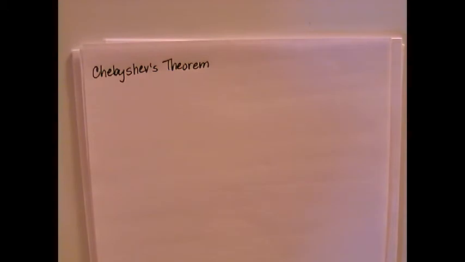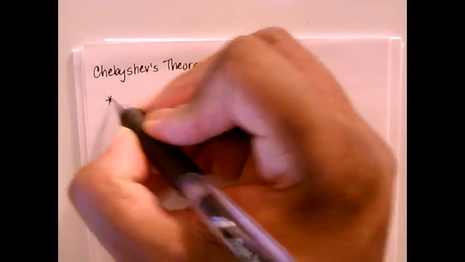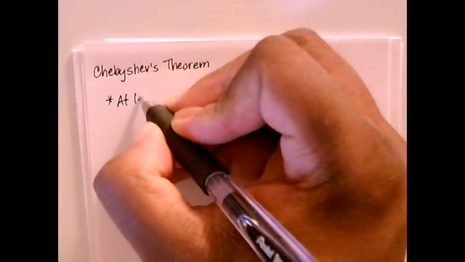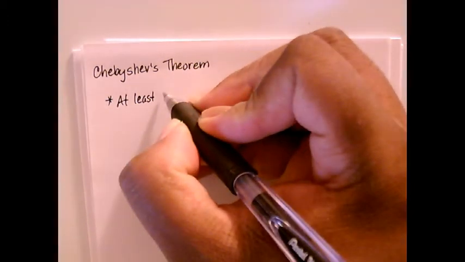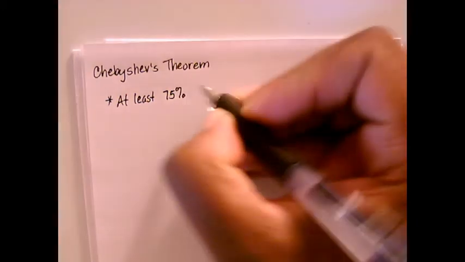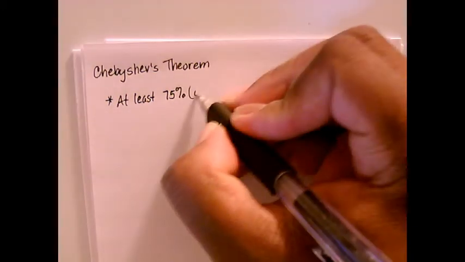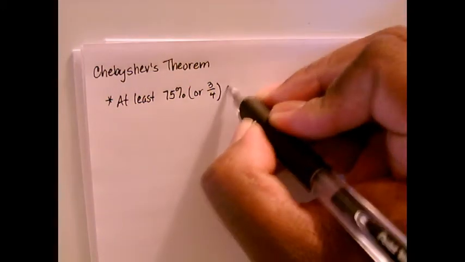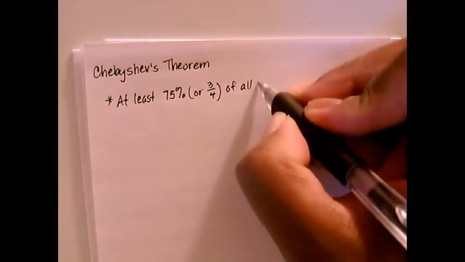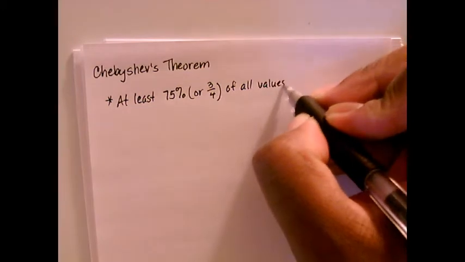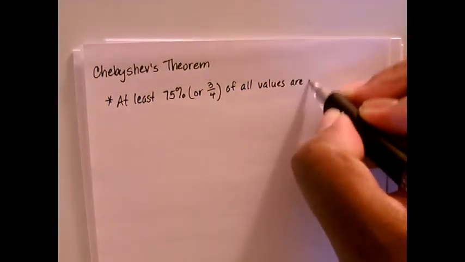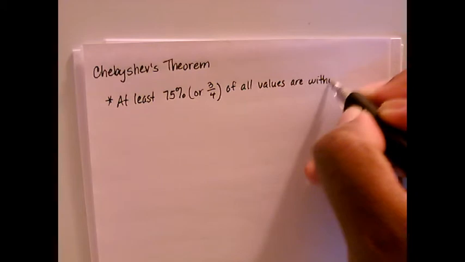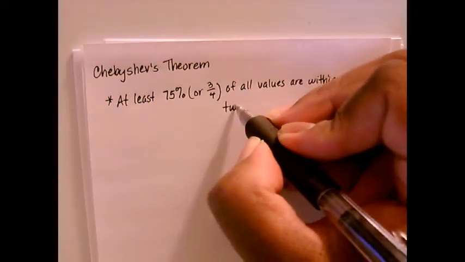Okay? So according to Chebyshev's theorem, at least 75% or 3/4 of all values are within 2 standard deviations of the mean.